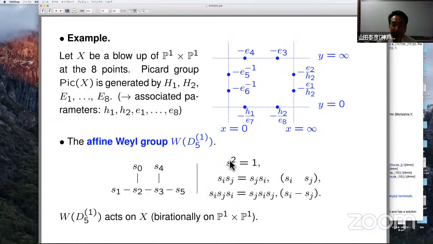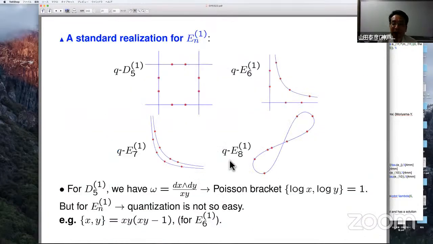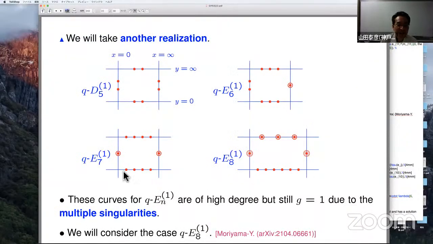So in the E7 case, the configuration is given in this way.